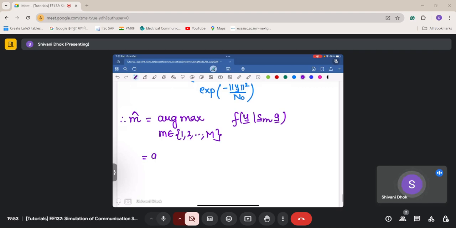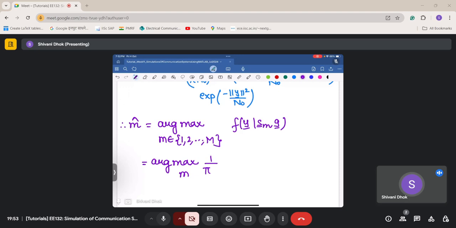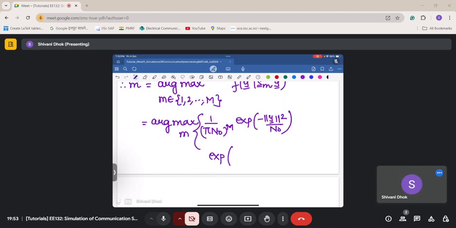So this becomes argmax over m, and I have this quantity here, 1 over pi N0 to the power m into e power minus norm y squared by N0, multiplied by e power minus |ym minus a gm|^2 plus |ym|^2.